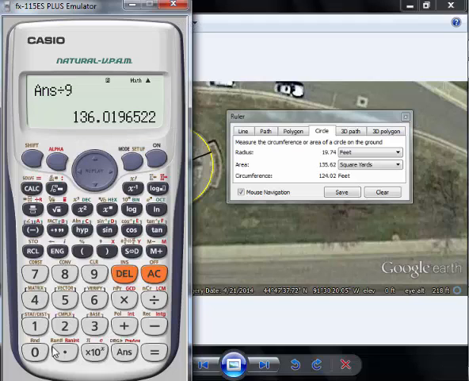The circumference is pi times the radius times 2. And when we do the math there, oops, let's see where I made my mistake. Times, delete, shift pi, and we get 124.02.03.